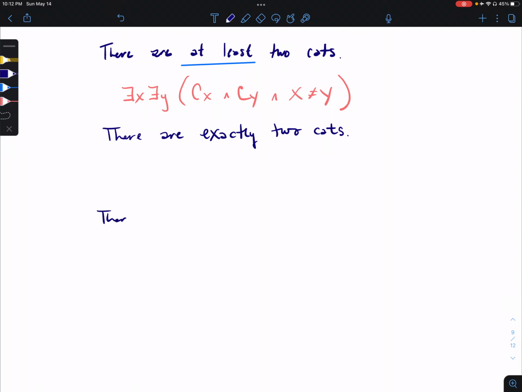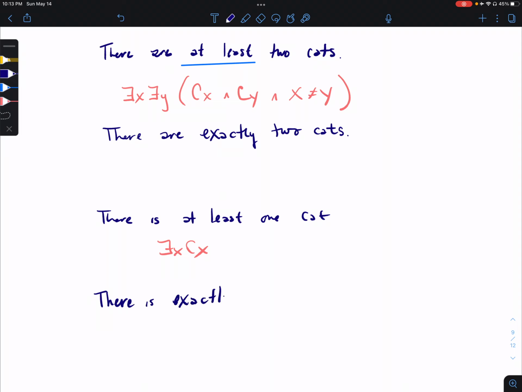So there is at least 1 cat. That's just simply EXCX, because that's what the existential quantifier and sum mean. How would we say there is exactly 1 cat, no more than 1 cat? There is at least 1, but there is no more than 1.